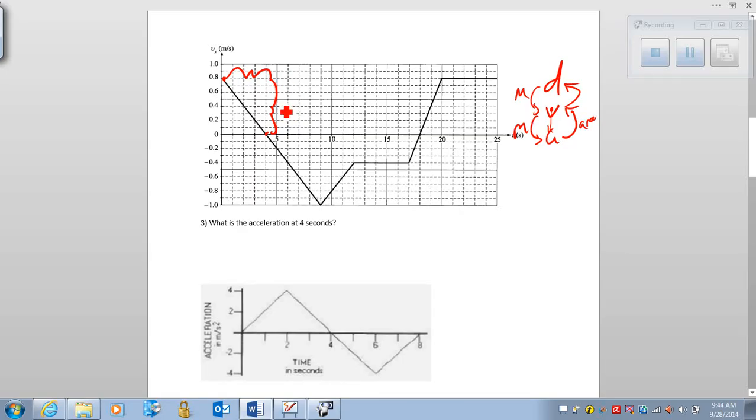Here's the rise, which is a negative 0.8. Notice it is a negative 0.8. And the run is 4. So that means that our acceleration is going to equal negative 0.8 divided by 4.